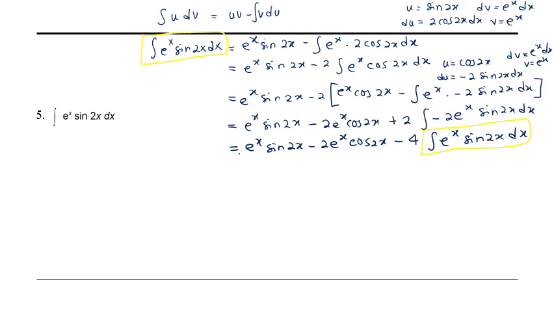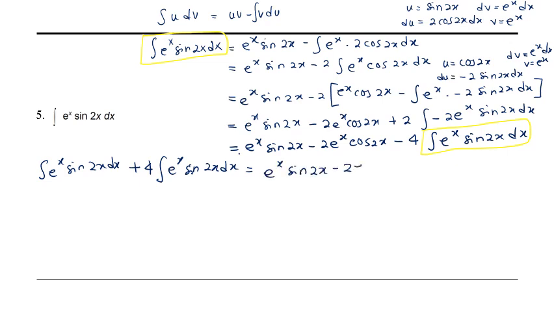Integrate eksponen x sin 2x dx, negatif 4 bawa pergi sini jadi plus 4 integrate eksponen x sin 2x dx. Sama dengan yang tinggal tu, tulis je lah: eksponen x sin 2x minus 2 eksponen x cos 2x.